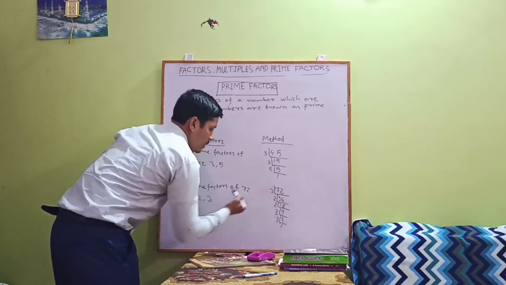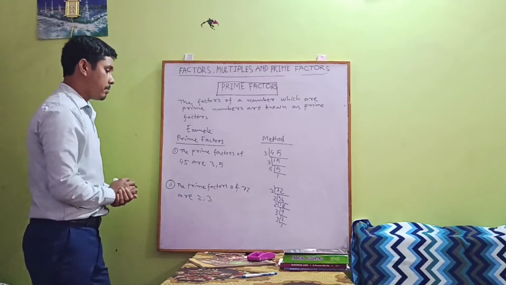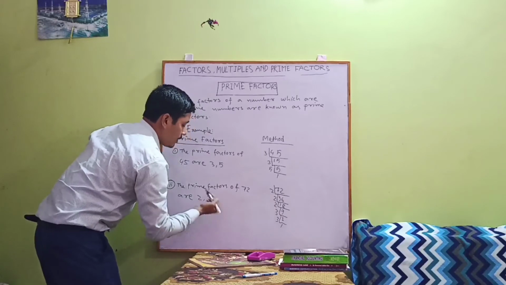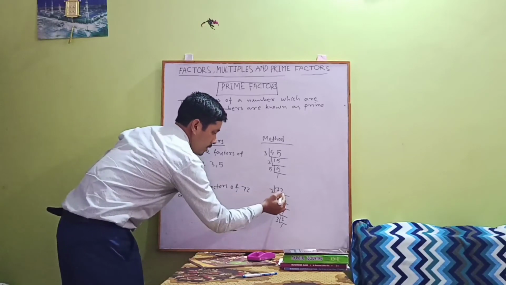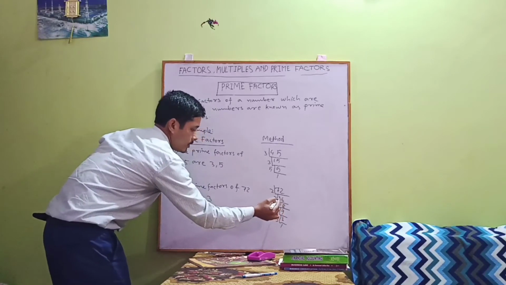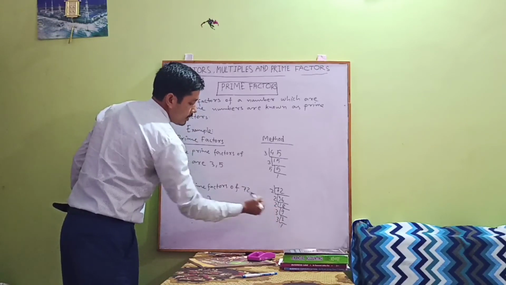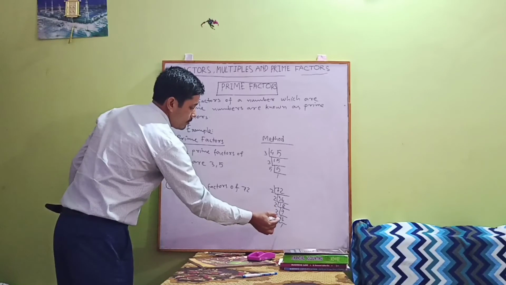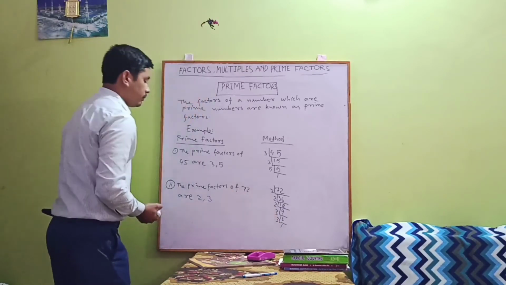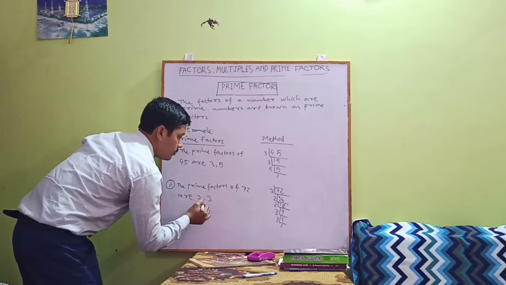When we divide 72 by the prime factorization method, we get the prime factors 2 and 3. 72 divided by 2, we get 36. 36 is also divisible by 2, we get 18. 18 is also divisible by 2, we get 9. 9 is divisible by 3, we get 3. 3 is divisible by 3, we get 1. That's why the prime factors of 72 are 2 and 3.